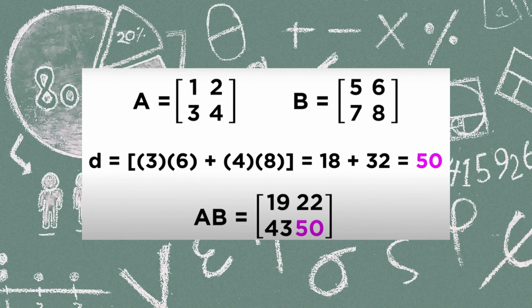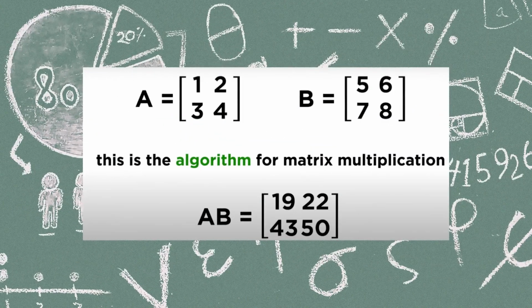And lastly we shift to the second column again. 3 by 6 is 18, 4 by 8 is 32, so 18 plus 32 is 50, and that will go in the last entry here.